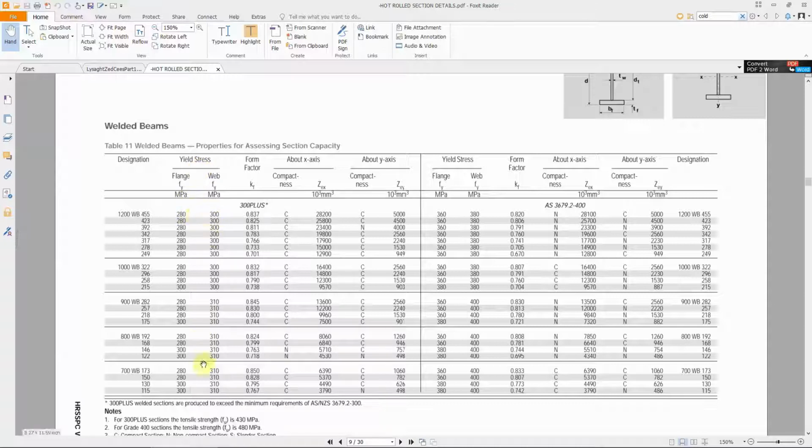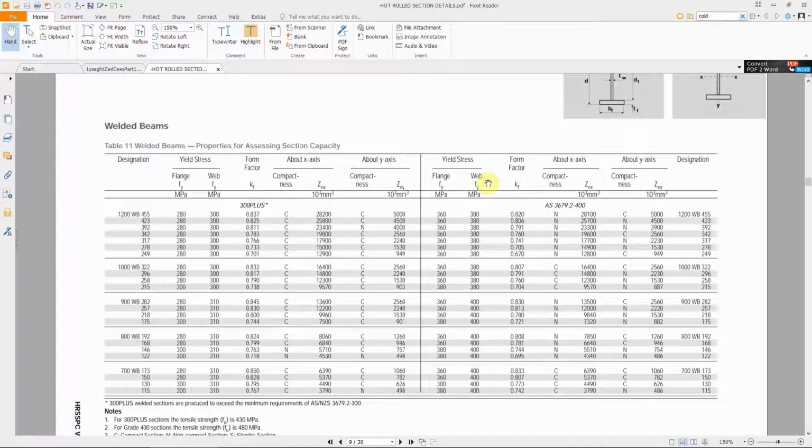It's close to 300 MPa, megapascals. And we've got the higher grade steel, which is 350 MPa steel, where the yield capacity is above 350 megapascals. Okay, so these are the two main steel grades in terms of the strength of the material.